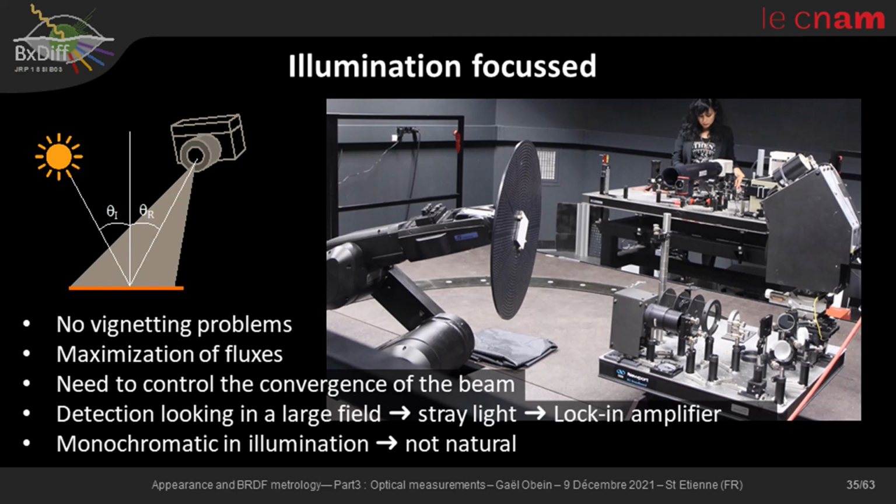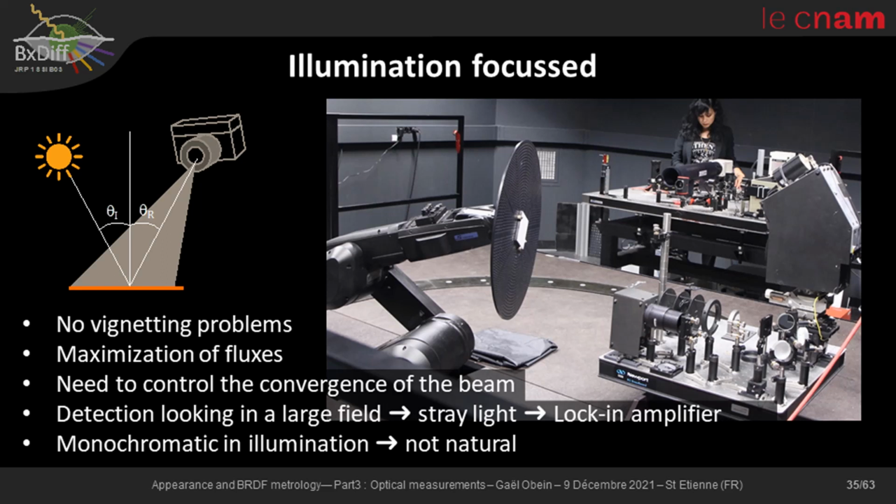So, on the opposite, you can make the choice to have a focused illumination beam. So you illuminate only one part of the sample, and then the detection is looking with a field overfilling the illumination. When you do this, you have fewer vignetting problems because the beam is small. Well, you have to have a detection that is adapted, but it's less critical on this side.